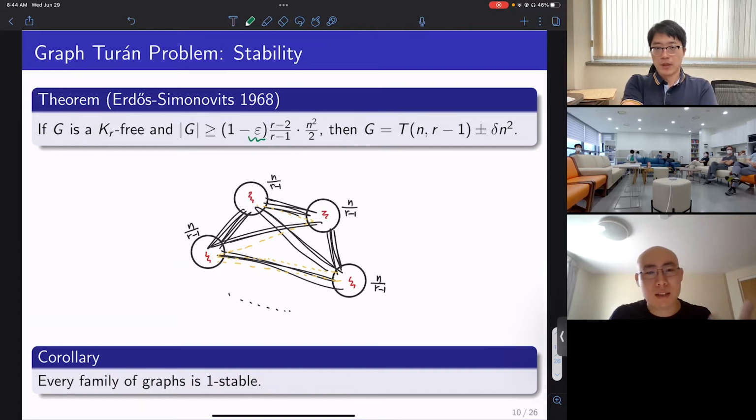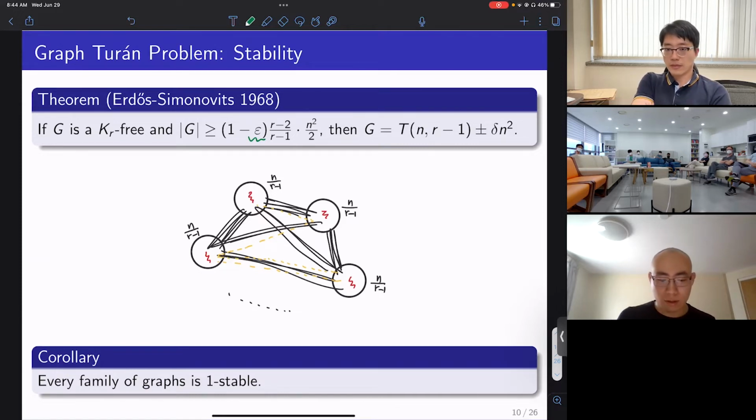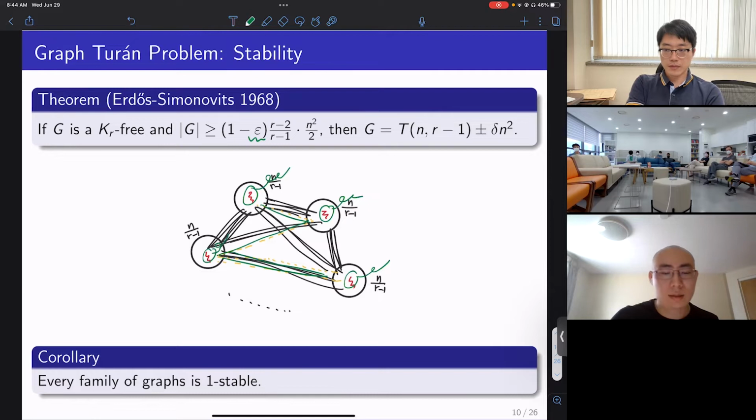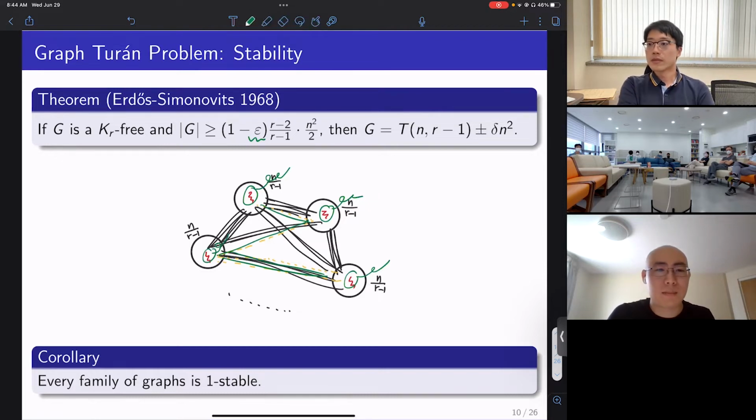Close means you can remove some edges and add in some edges to recover the Turán graph. And for this picture, it means you can remove everything inside this part and add in the missing edges. Then you get the Turán graph. So stability goes from the number of edges to the structure. It's this type of result.